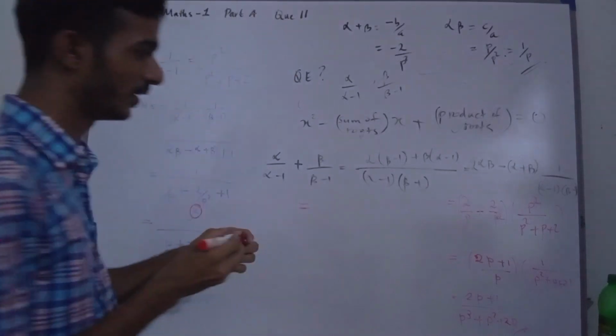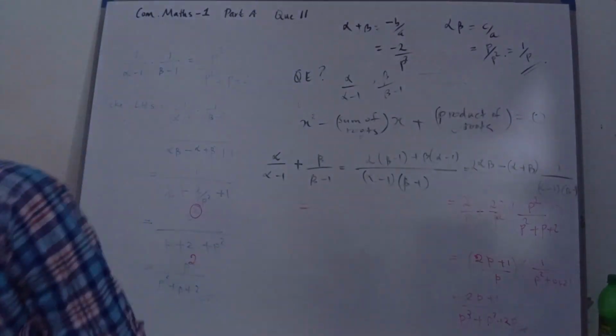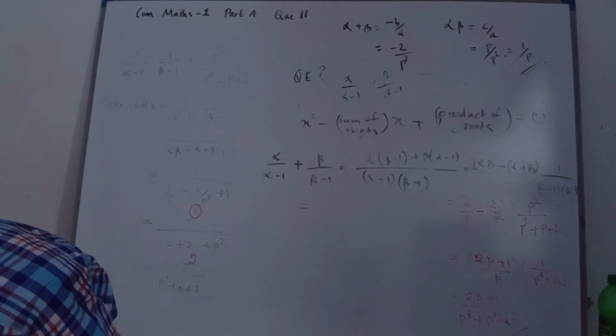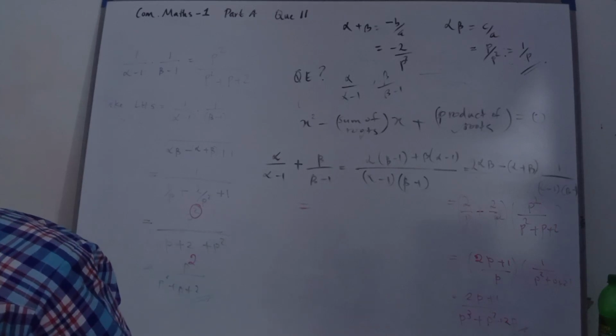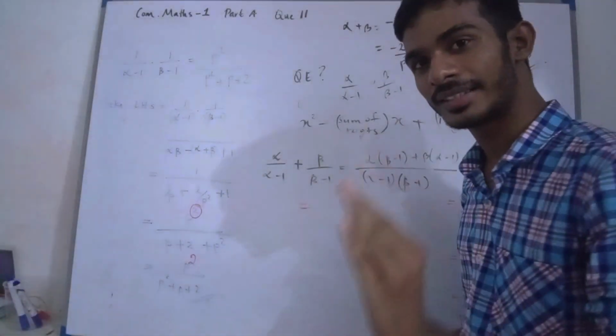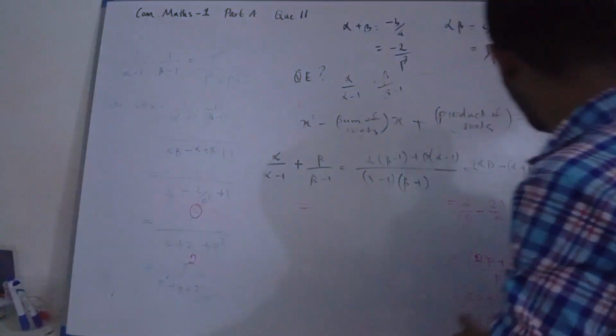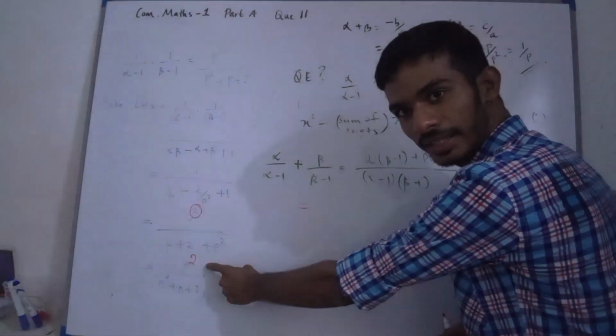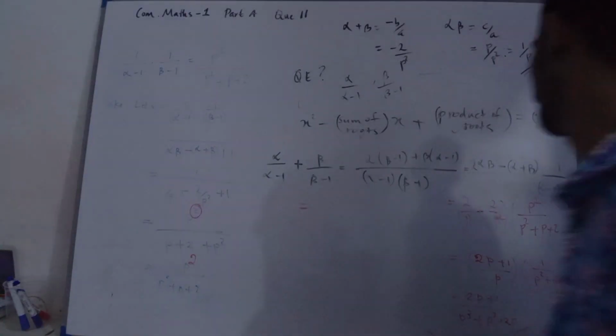I want to simplify this here. Now I just check the answer in the key. Then I realize that this answer is wrong because I made a mistake here. Now I will simplify correctly.